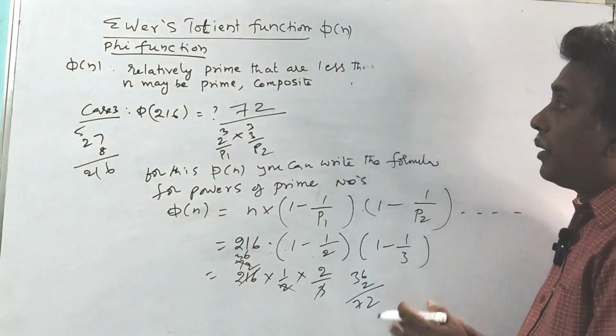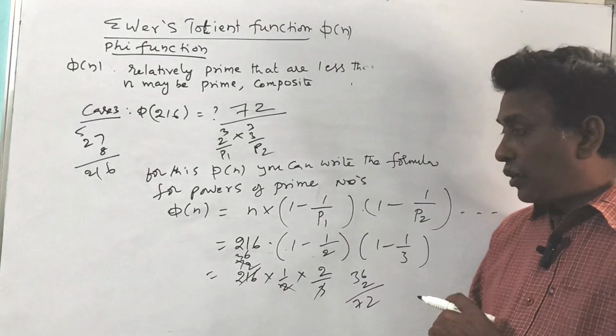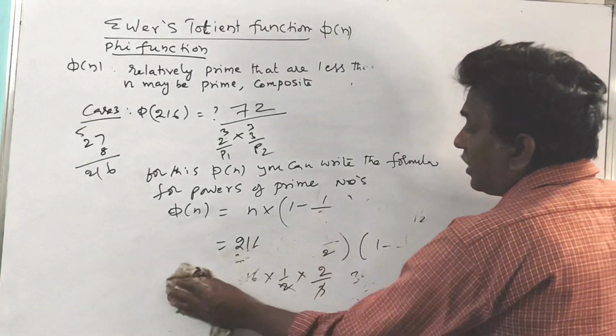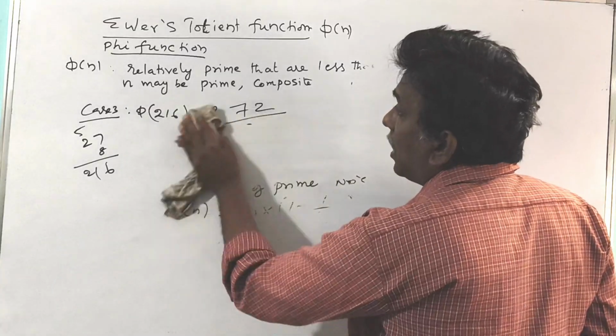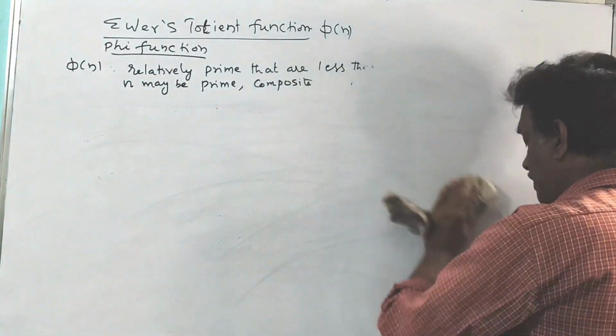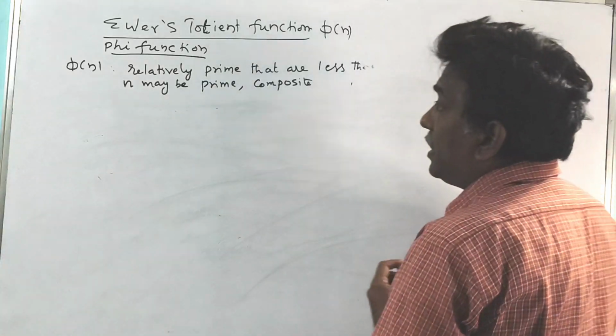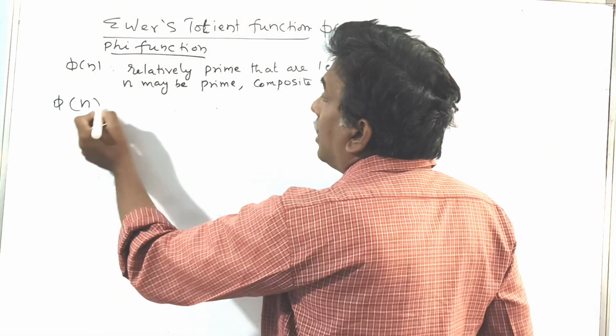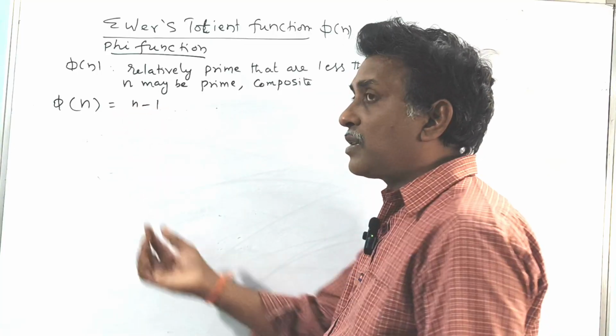So like that you can solve the problem. So what are the formulas we used so far for finding the Euler totient function? We have 3 formulas. One formula is for the smallest values of n, phi of n is equal to n minus 1.